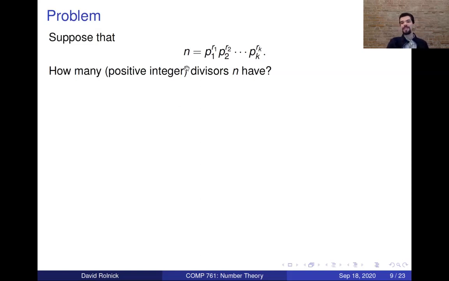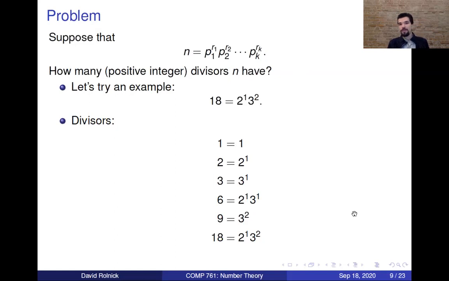Let's work it out. Let's see an example. The prime factorization of 18 has 1 factor of 2 and 2 factors of 3. The divisors of 18, we can just go through them. There's 1, there's 2, 3, 6, 9, and 18.